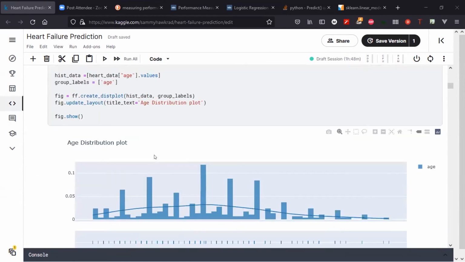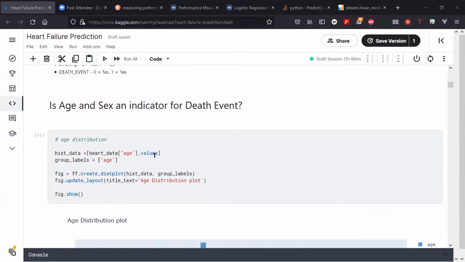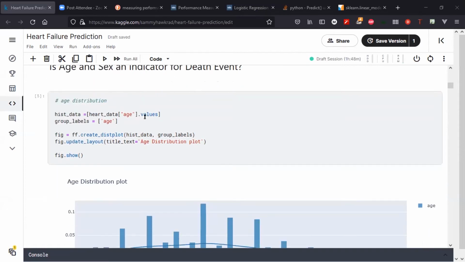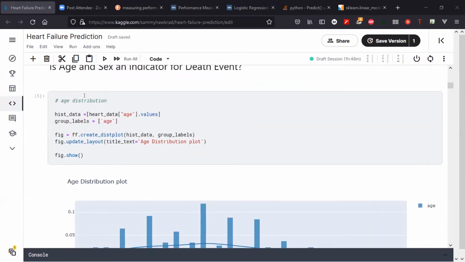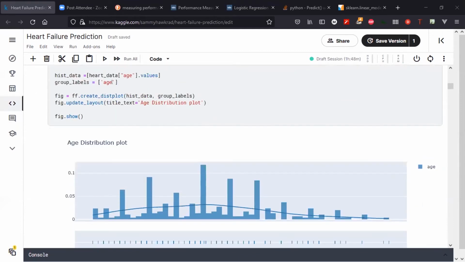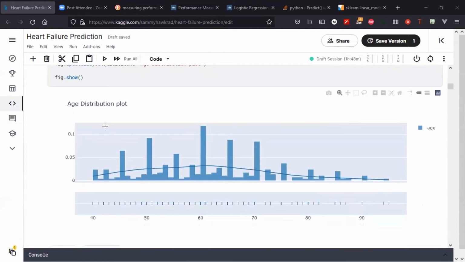But before that, we try to understand our data and ask some questions to know more about our data. So we start by asking, is age and sex an indicator for death events? With that, we extract the age data and plot it to see the distribution of age.